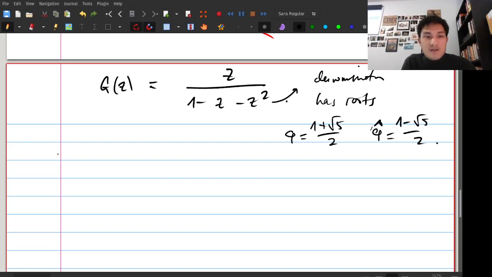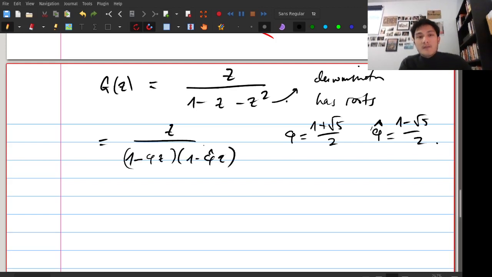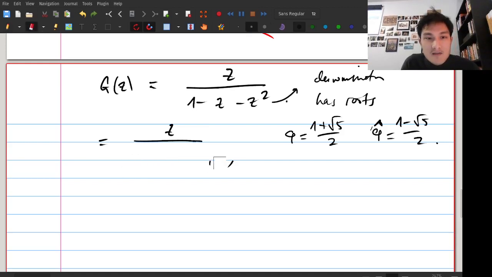I'm not going to do this part because it's kind of computationally tedious, but when your denominator factors into two linear polynomials, this is what I'm trying to say: it is 1 minus phi z times 1 minus phi hat z.